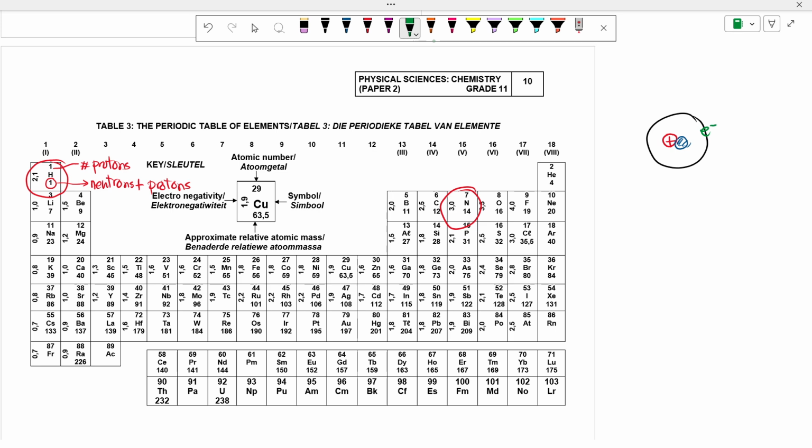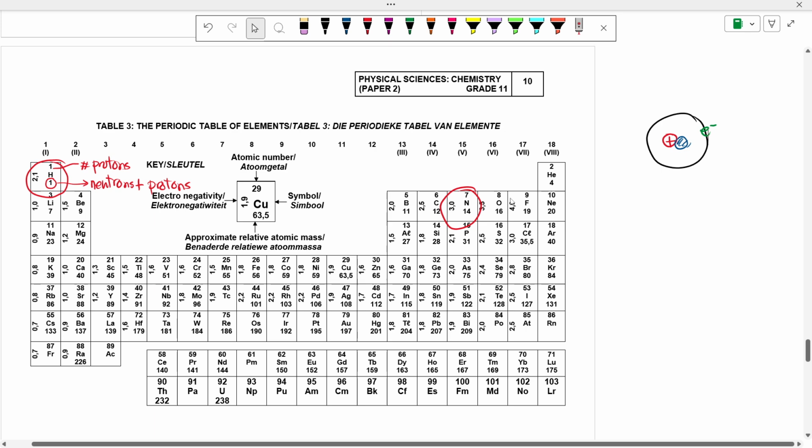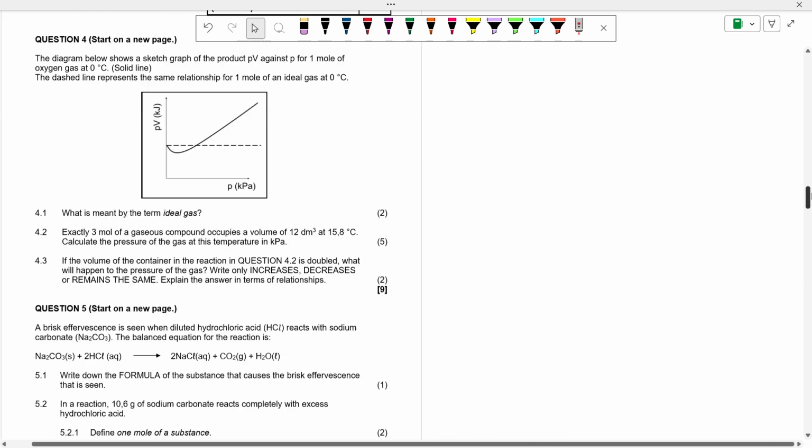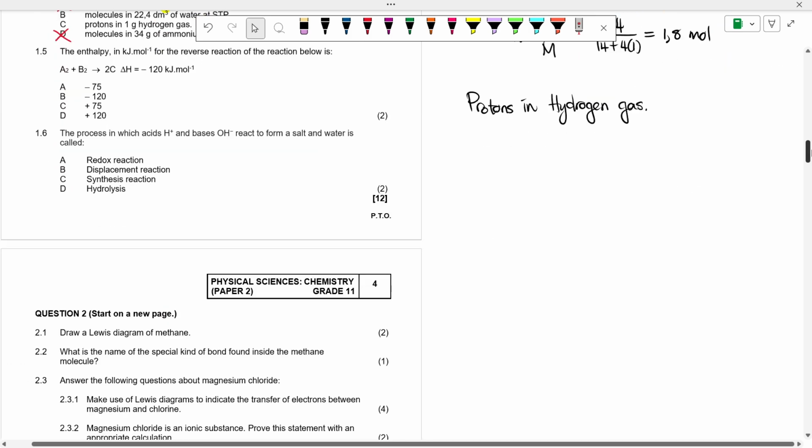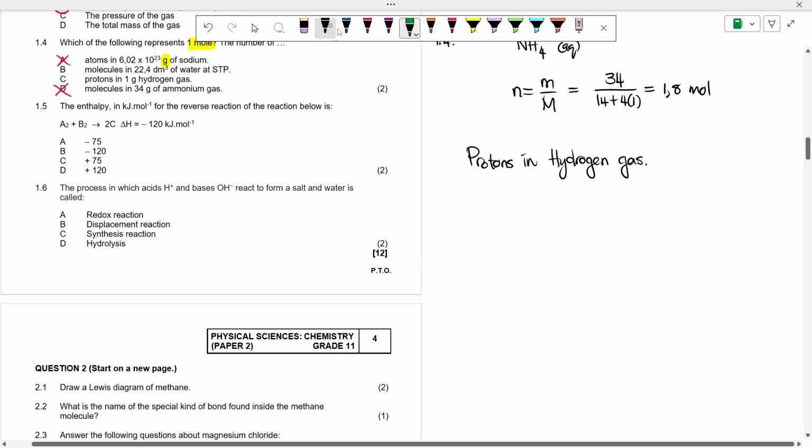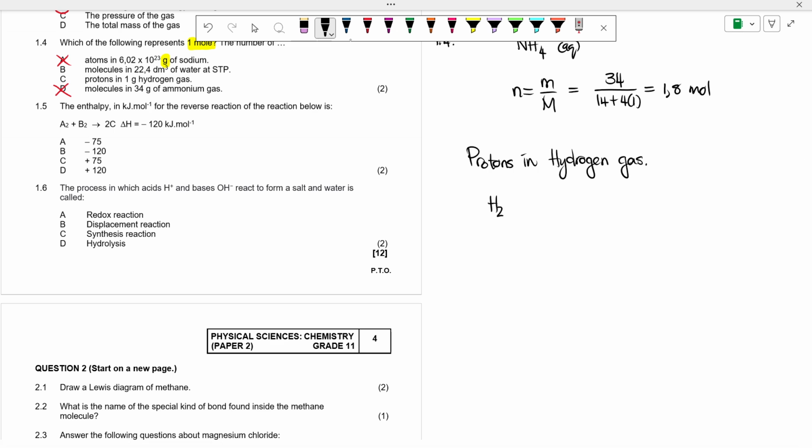Okay, so if I say I have 1 gram of this gas, of the hydrogen gas, how many moles do I have from that? Hydrogen gas is H2, right? Yes, okay, H2.